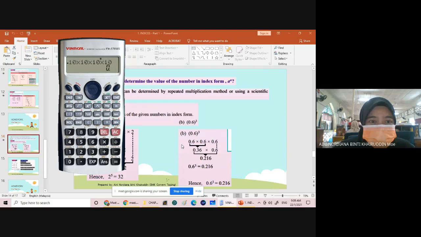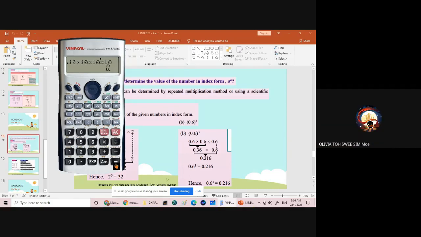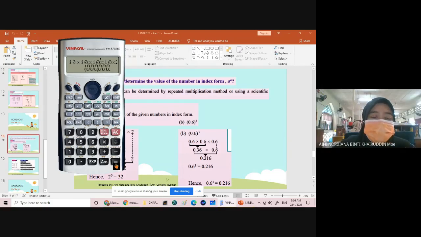So how to calculate? How to use the calculator?